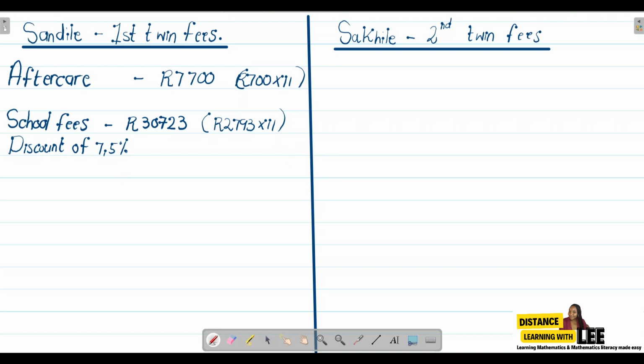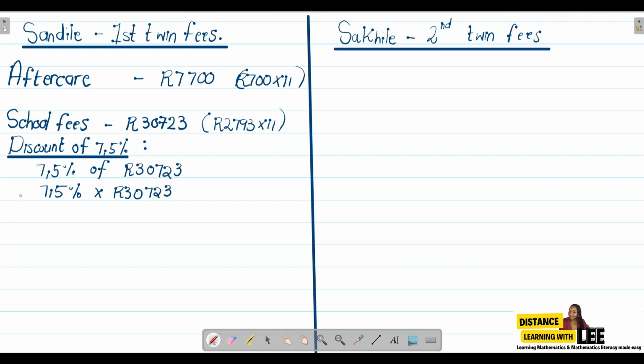So how do you calculate that discount? If she gets a 7.5% discount of the total amount that she pays for her son's school fees, how much is that? How do we calculate that? Remember, if you say 7.5% of 30,723, we're just going to take that 7.5% and multiply it by 30,723, right?